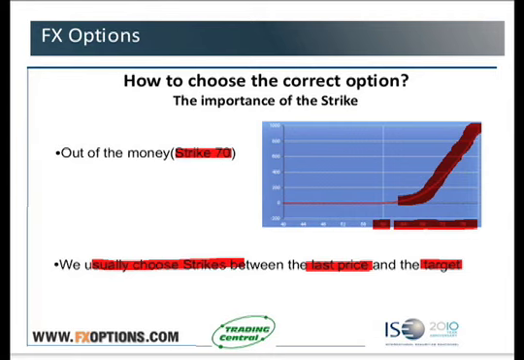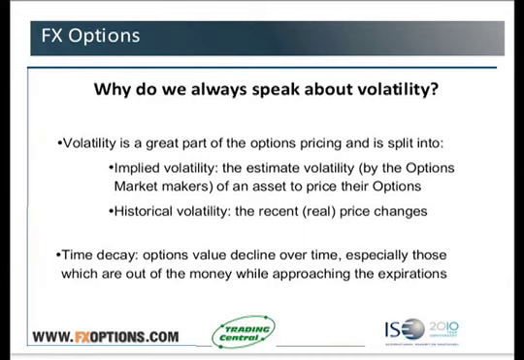Next slide. How do we always speak about volatility? I guess you don't speak about volatility in your everyday life, but in the option world, volatility is a great part of the option pricing. An option is quoted by a market maker, who is part of an exchange, and he has to find a value for his option.